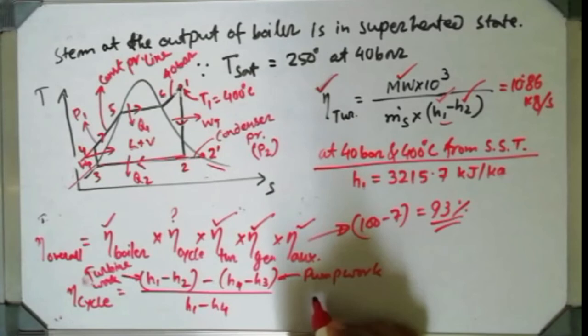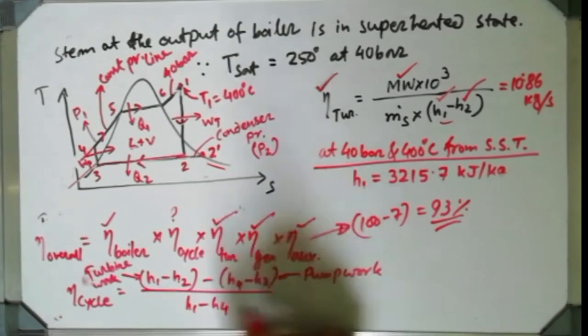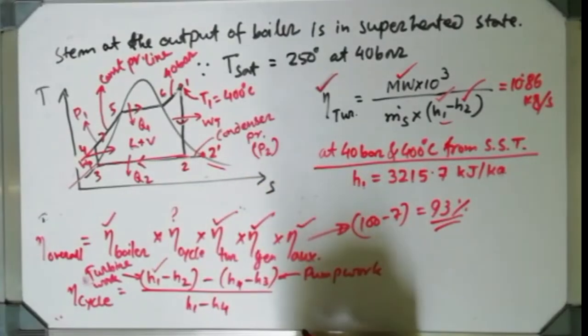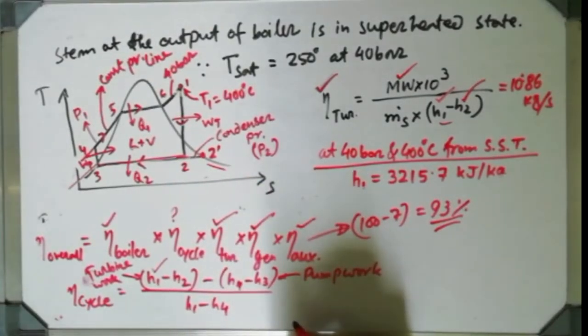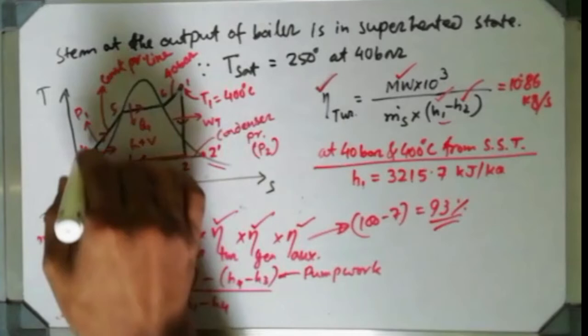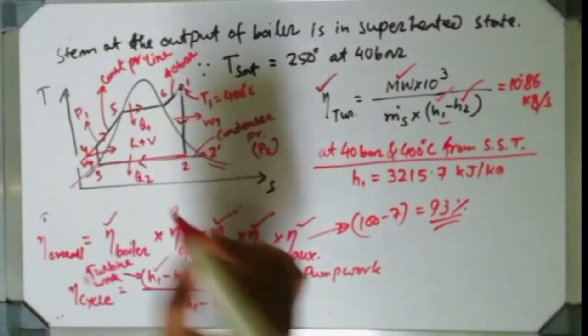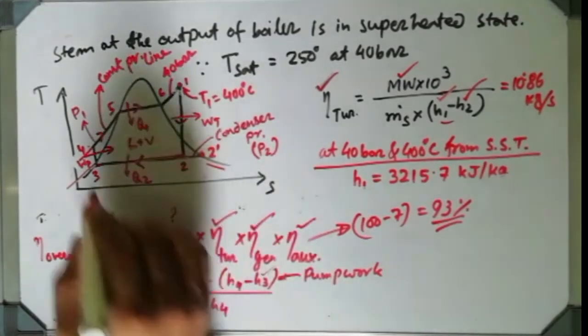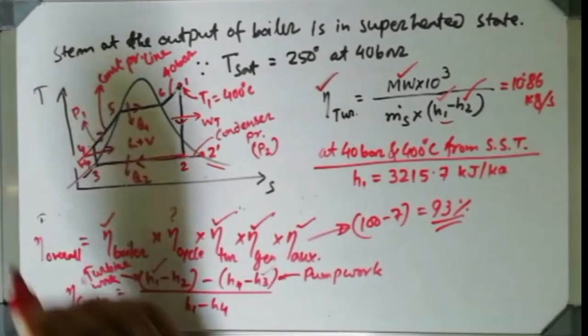So pump work, how can it be found, that is the most important question over there, because H1, H2 we have already found out. Now the problem is the pump work, H4 minus H3. H3 can easily be found out, but H4 is the problem, because H4 is lying inside the liquid zone.